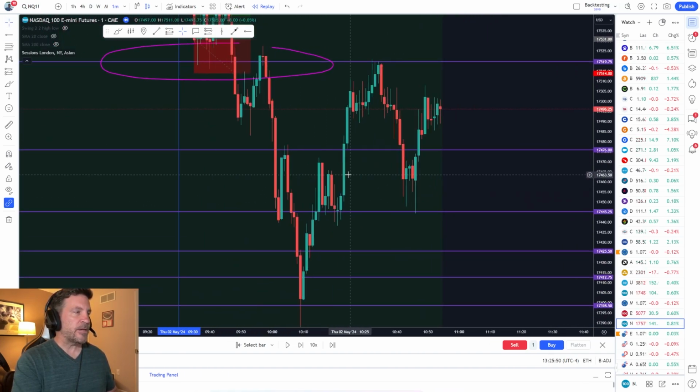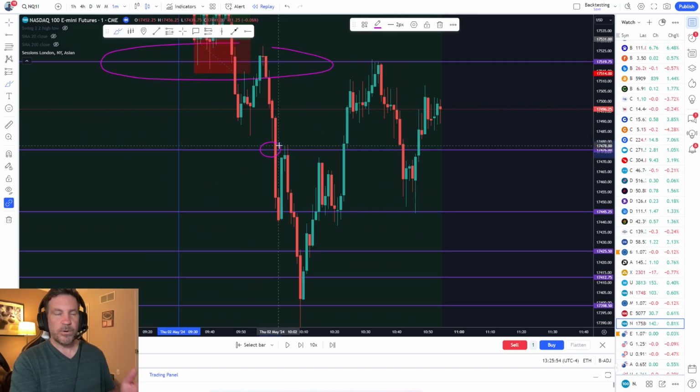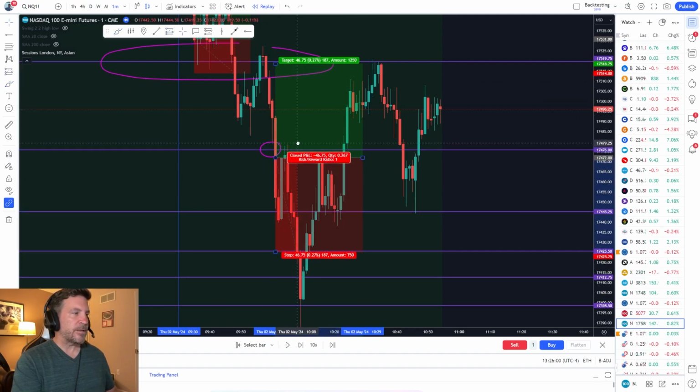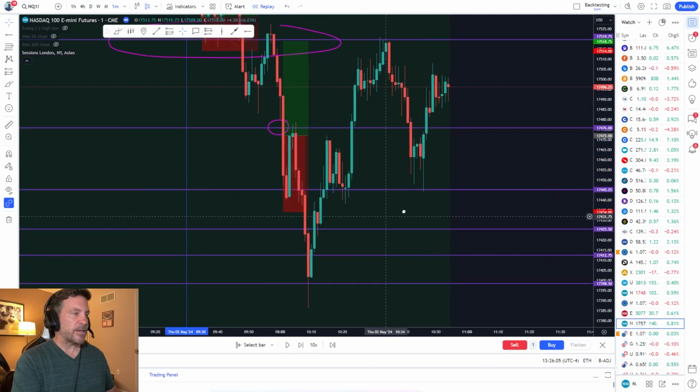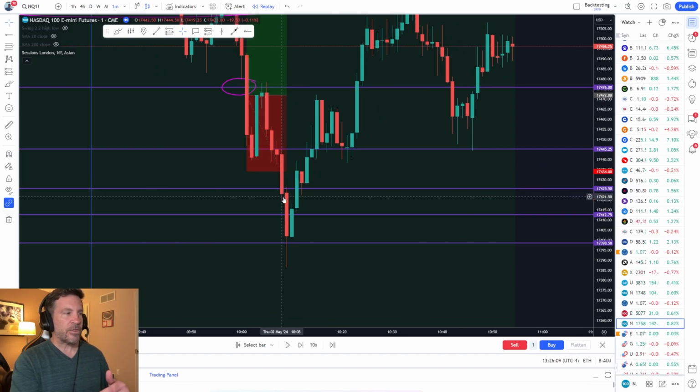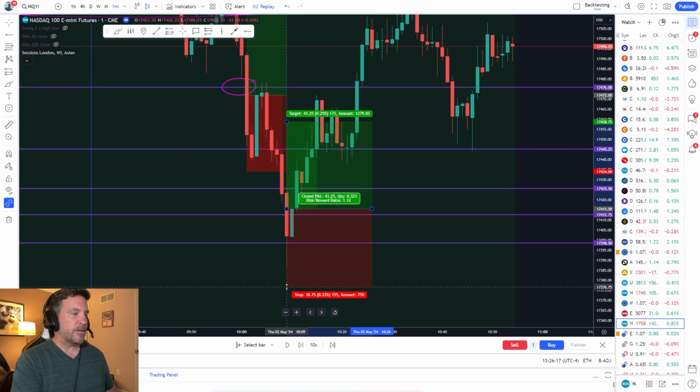You can see right here in this particular area, this gets blown through, so there were no trades taken, and then I did have a rejection off this level, so I enter right here. And this trade ends up also being a quick loss. All right, now let's look at the next levels below. You can see price blows right down through these levels down here and then sweeps this absolute low right here, and then I enter right here off of that with a stop right about in this area.